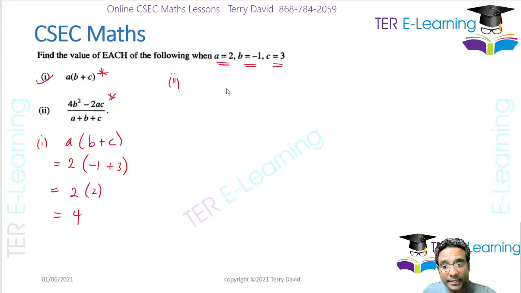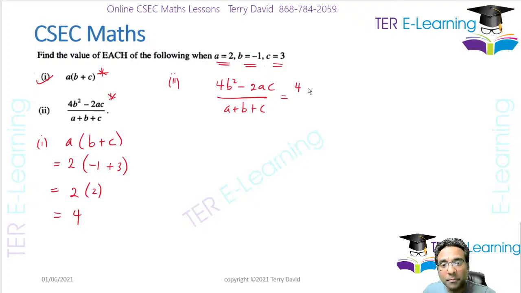Part 2 now, you want to work out this one here. Now this one looks a little long. It's 4b squared minus 2ac all over a plus b plus c. That's what we're trying to work out. To work that out, we're going to replace the a, b, and c with actual numbers. So you have to be careful.